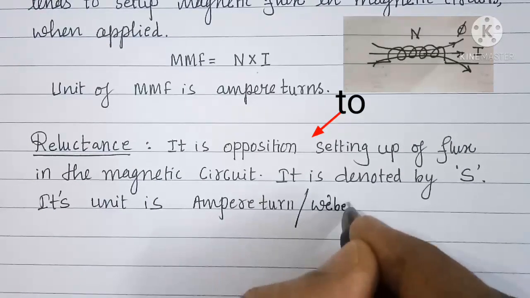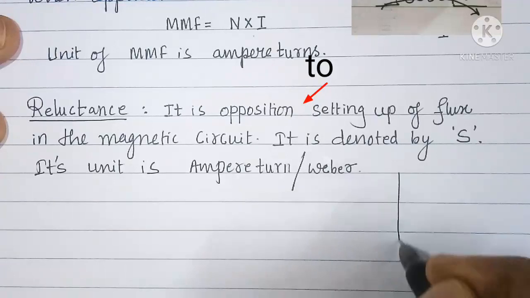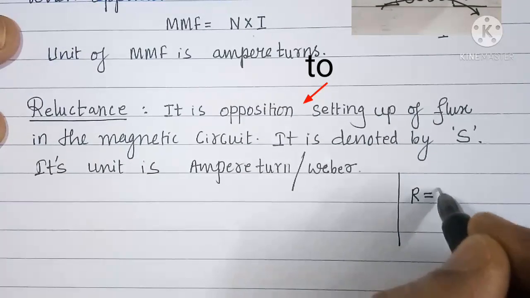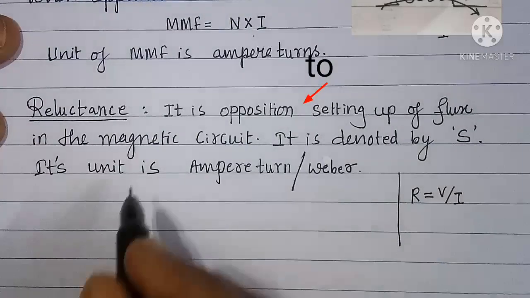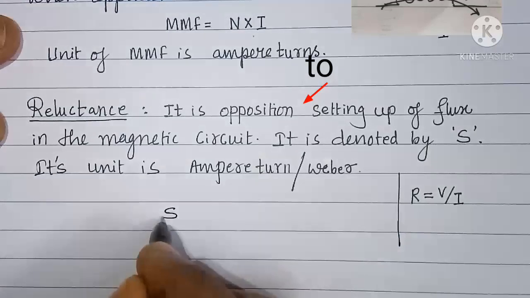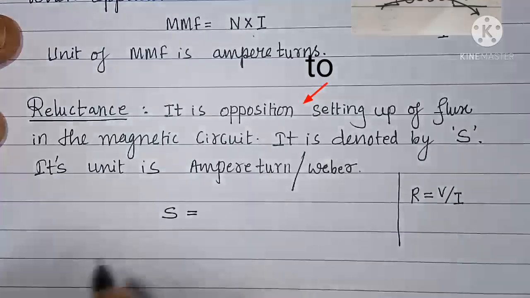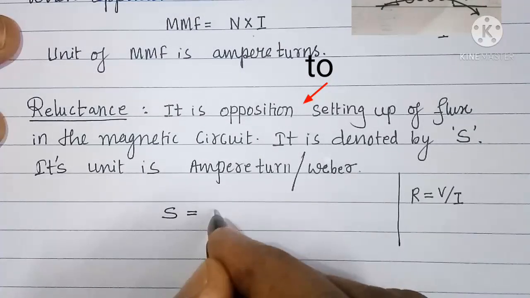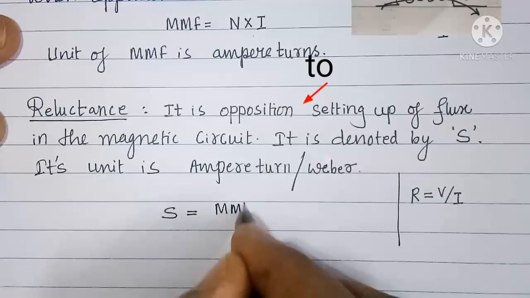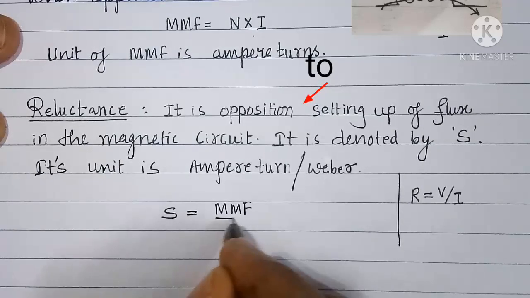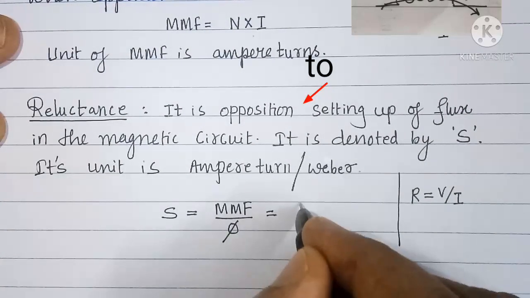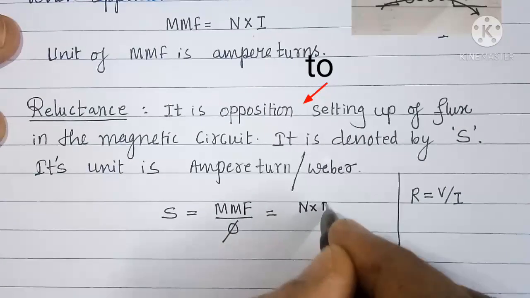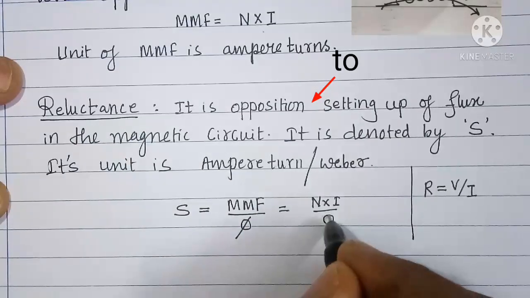Like we calculate resistance as V by I, we can calculate reluctance S as mmf by flux, that is N into I by phi.